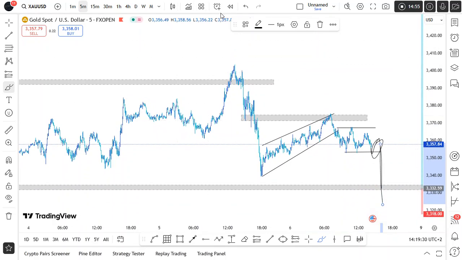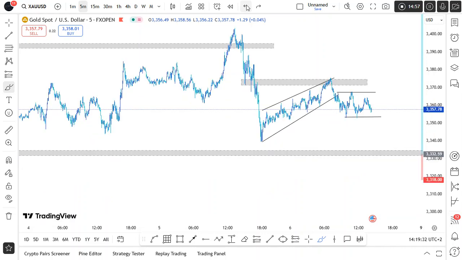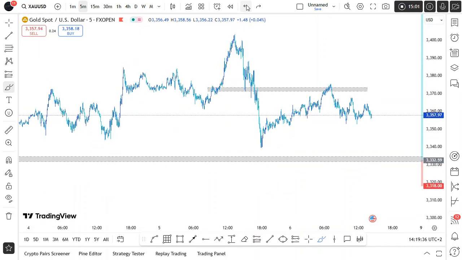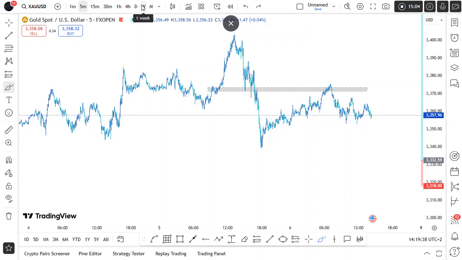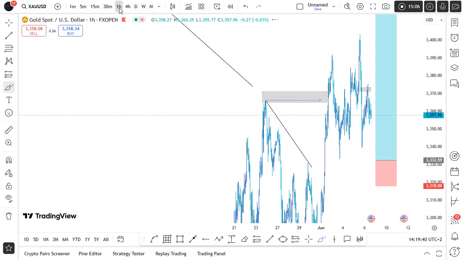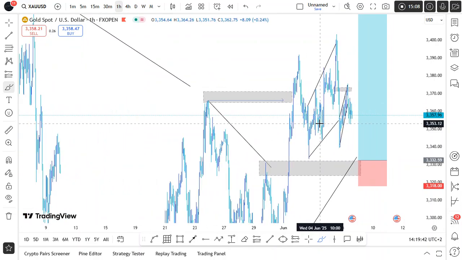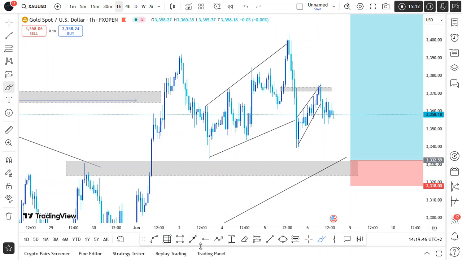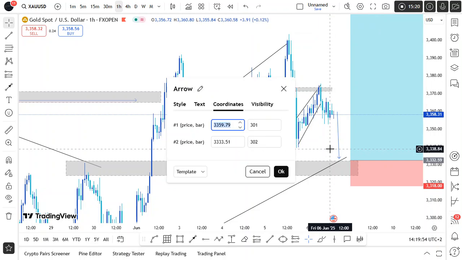So yes, gold is buying. It's forming a short-term sell, but overall I'm looking to buy. On the higher time frames, I'm seeing a clear buy. So here we are seeing this short-term sell from here to here can actually make something.